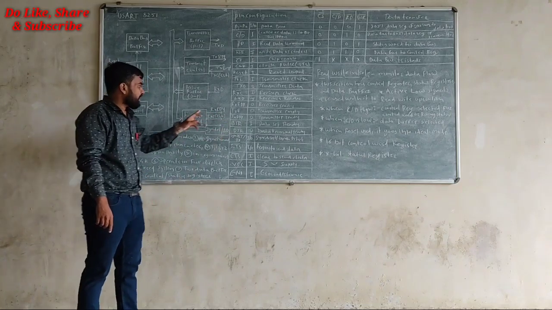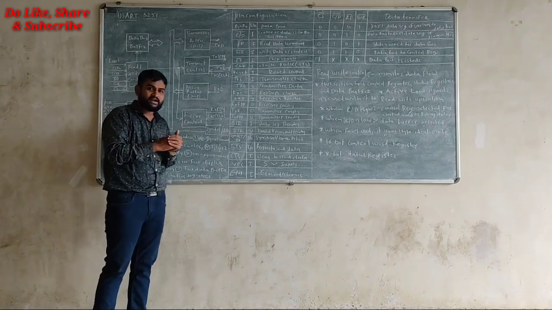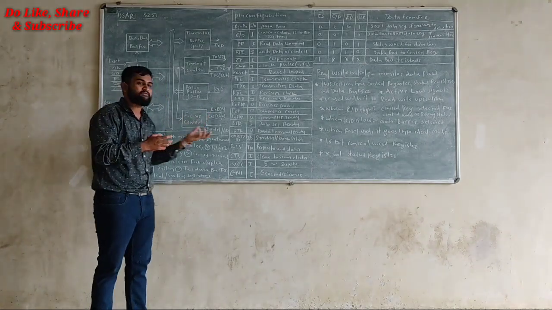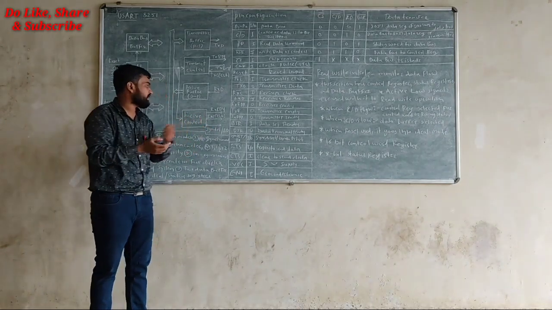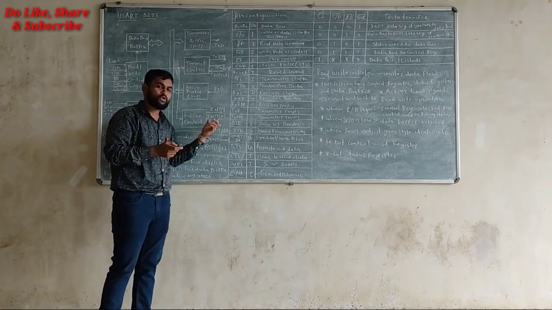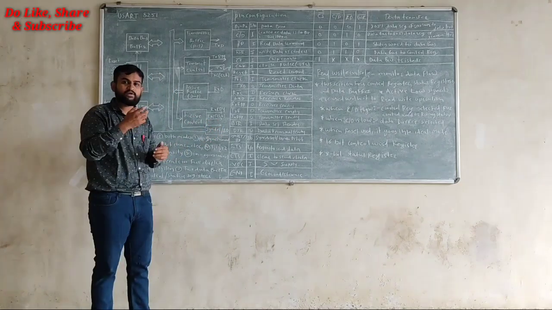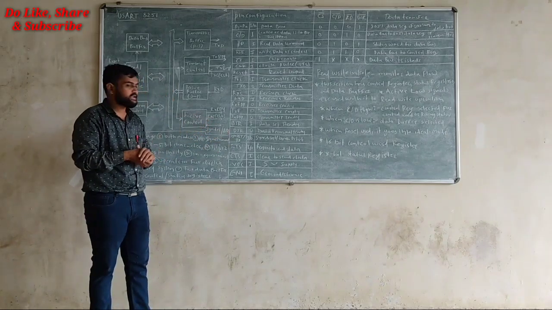RXRDY: whenever the receiver is ready, the RXRDY pin indicates that it is ready for receiving signals from the I/O peripheral. Similarly, we have a clock, RXC. If we want to provide a clock, we need the RXC pin.